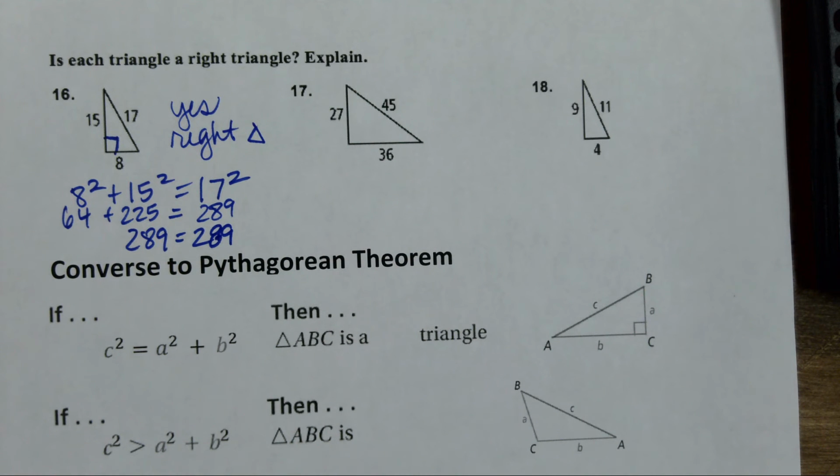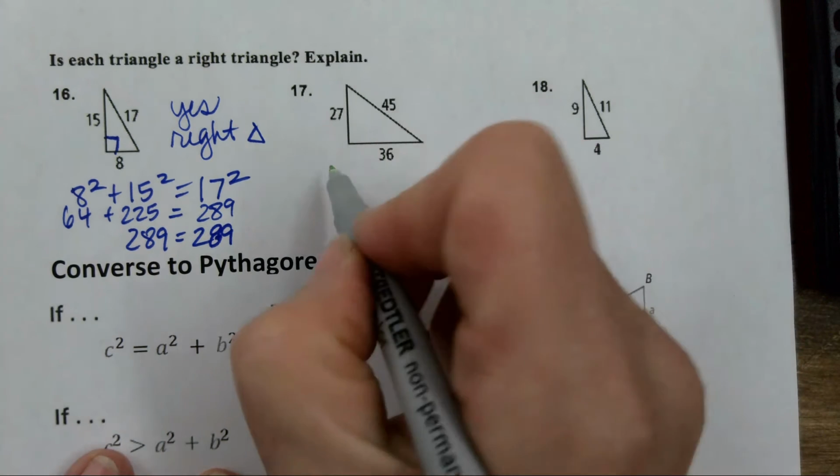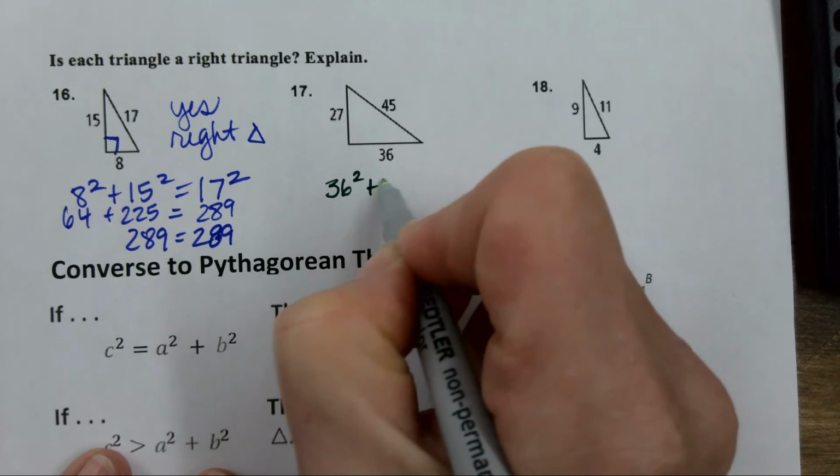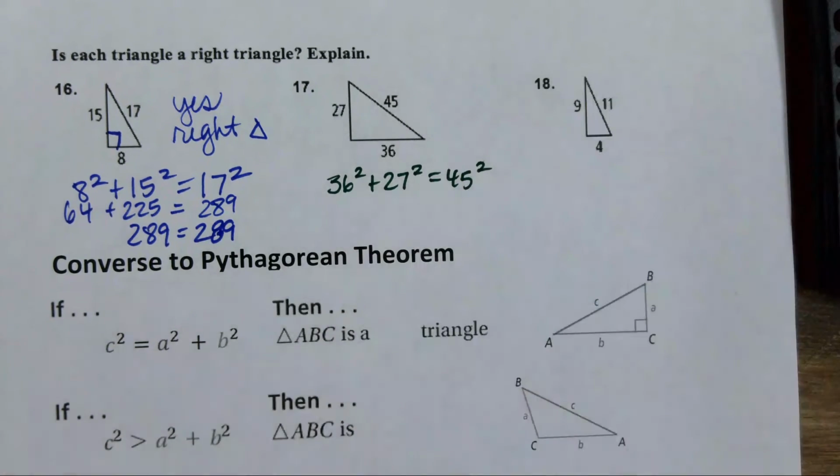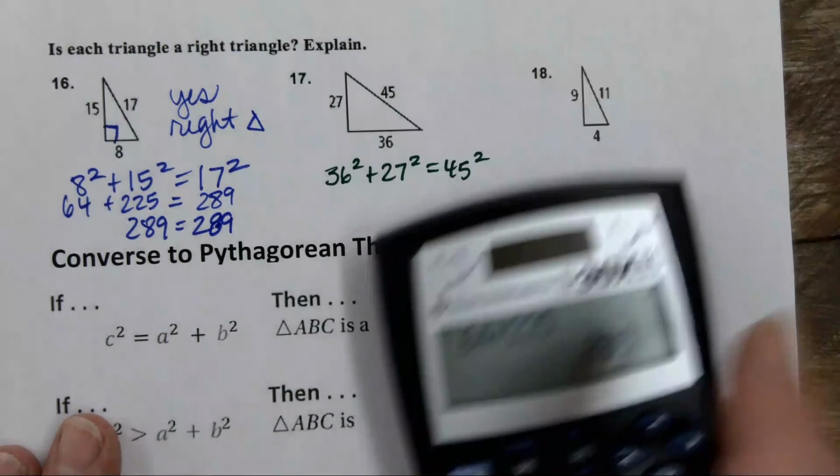So let's try our next one. Is 36 squared plus 27 squared equal to 45 squared? Remember, the longest side will always be the hypotenuse if this is in fact a right triangle.